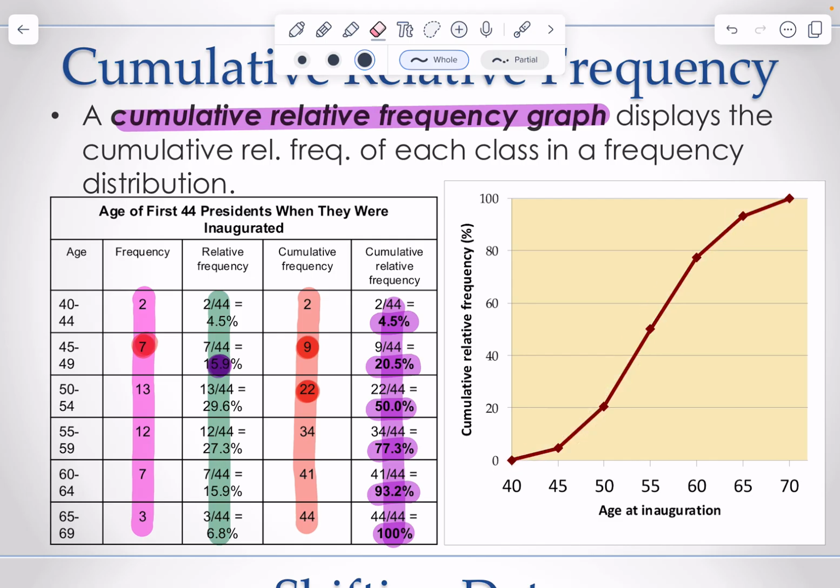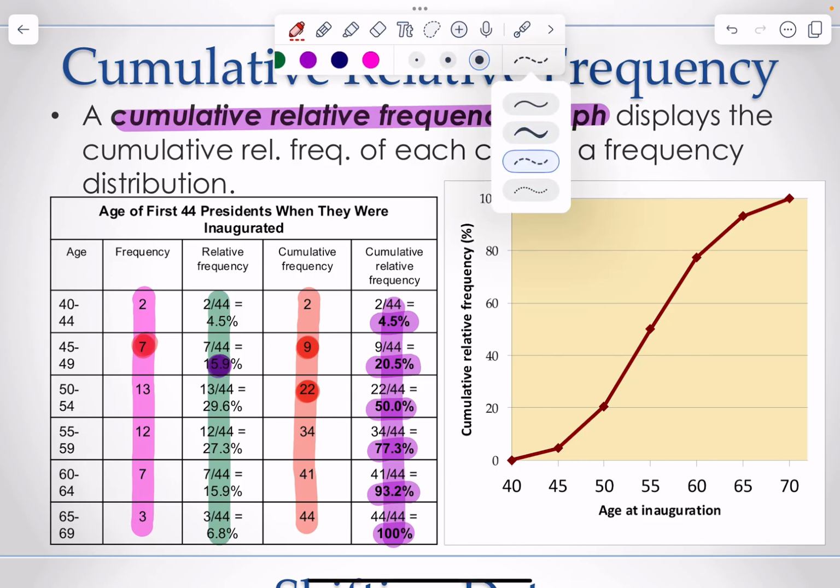Now, the way we use it then is specifically for percentiles. So as I look at this graph, the y-axis goes from 0 to 100%, and that's going to keep track of the percentiles in our data set. So if they asked us, for instance, to find the 30th percentile, so what age for presidents would approximately represent that 30th percentile?